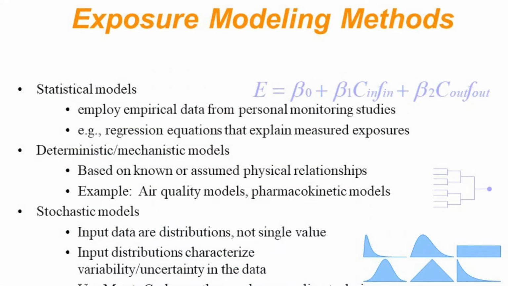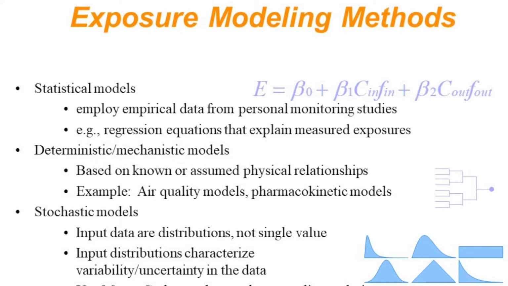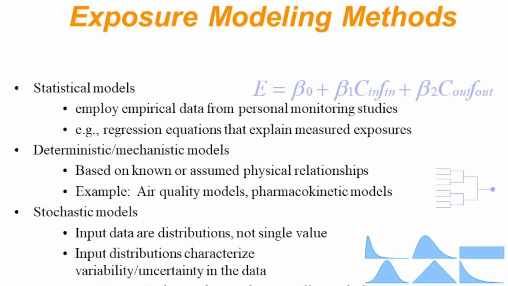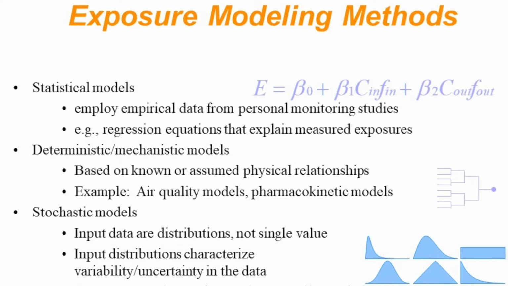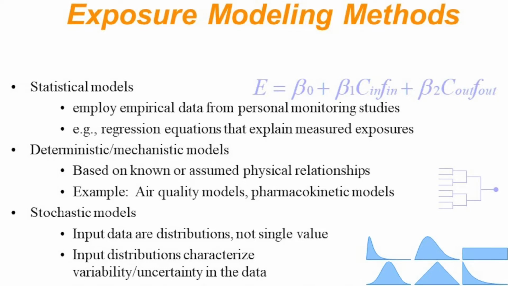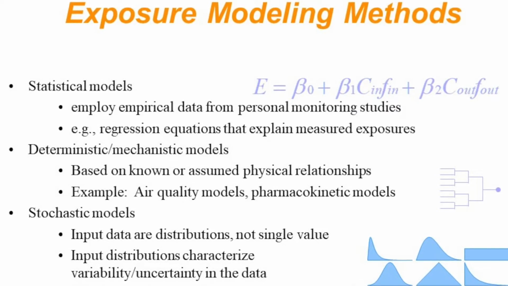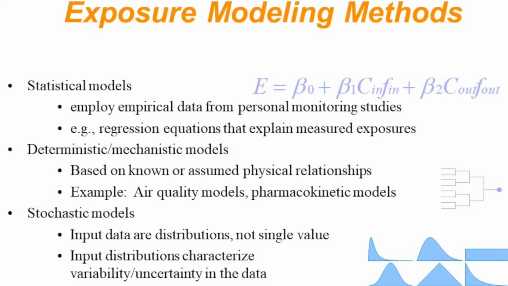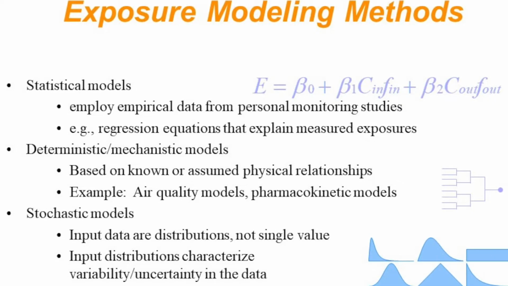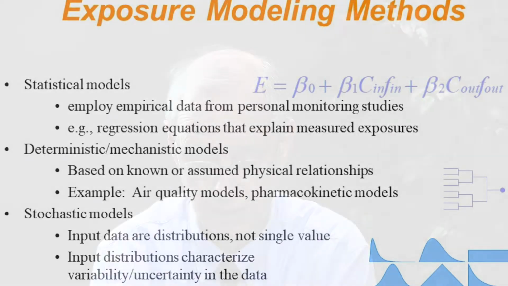And a third model type, an area that I've worked in a lot, is the stochastic models. They're sort of extensions of the deterministic mechanistic models, where rather than using constant terms as inputs or parameters of the models, we use distributions, not single values, to describe the variability and sometimes the uncertainty in the information that goes into those important inputs or parameters.